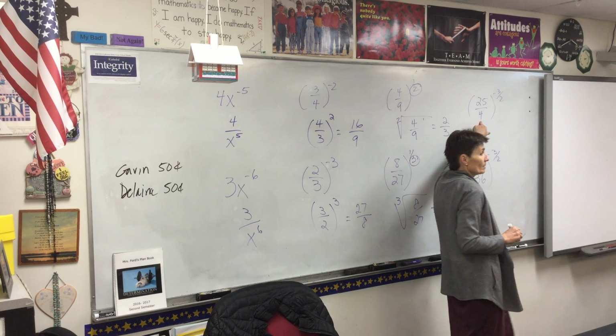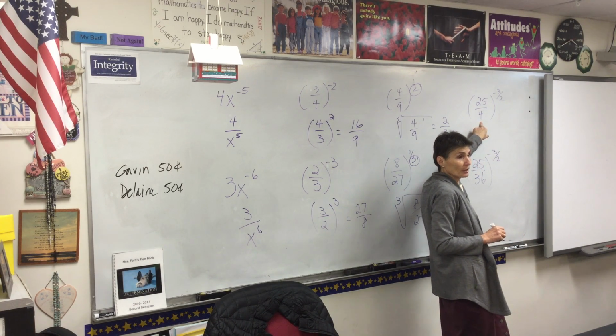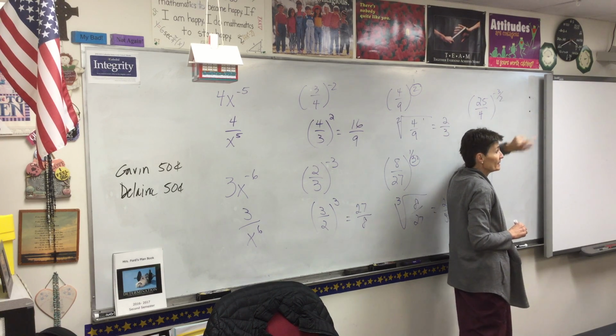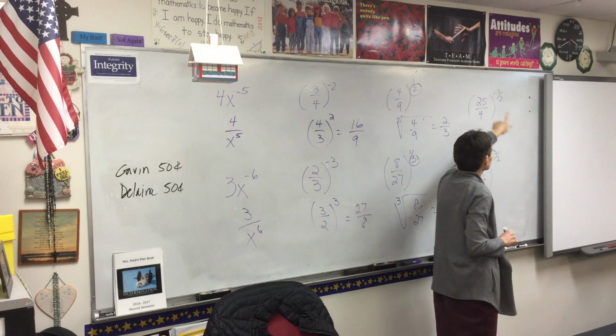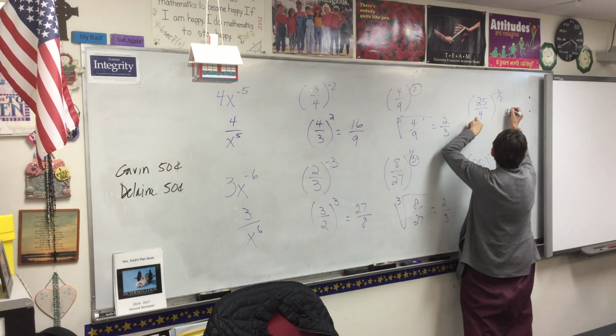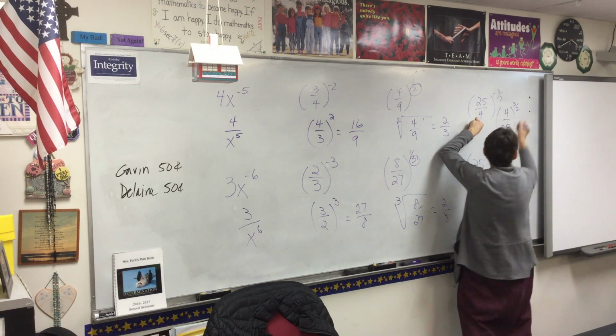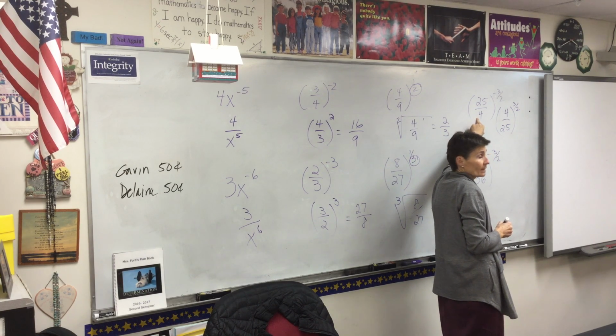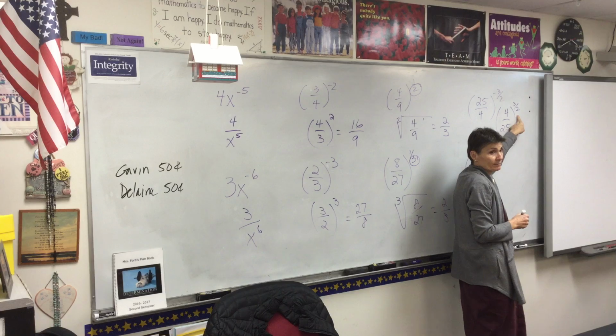This is a fractional exponent, but it's also negative. Deal with the negative. What does the negative do? Flip it. So this is going to become 4 over 25 to the 3/2. Now, it's a fraction.